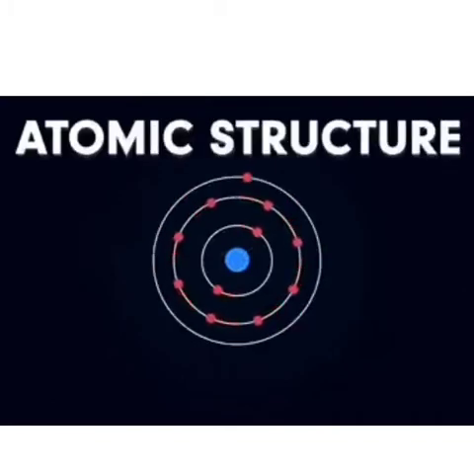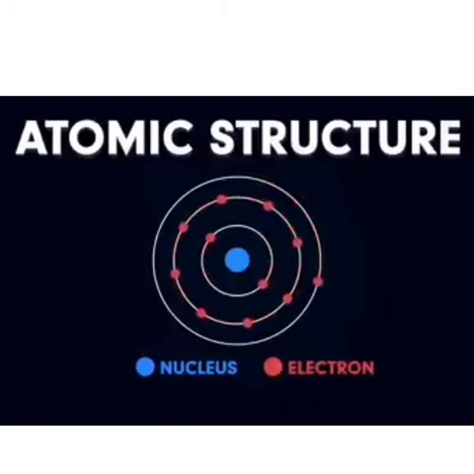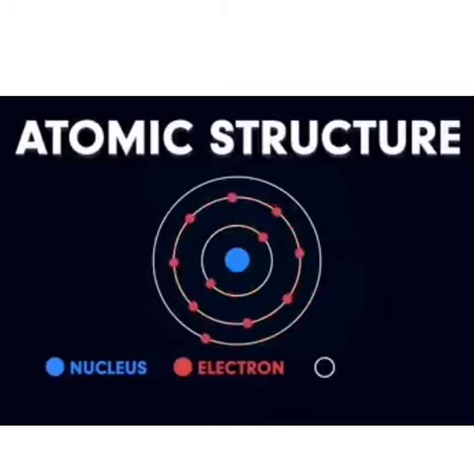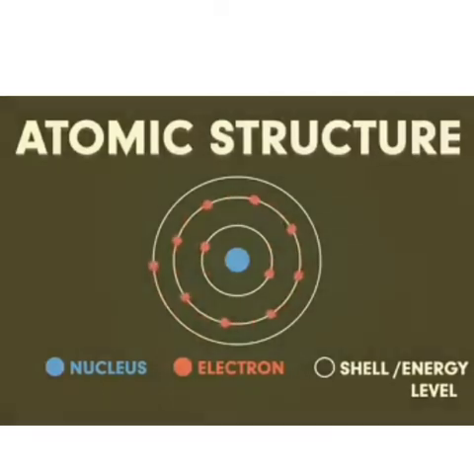In a similar way, we have the atomic structure. The nucleus acts like the sun located at the center, and the electrons are like planets which revolve in fixed, defined orbitals. These electron orbitals are referred to as shells or energy levels. Now the name energy levels gets us to an important concept.